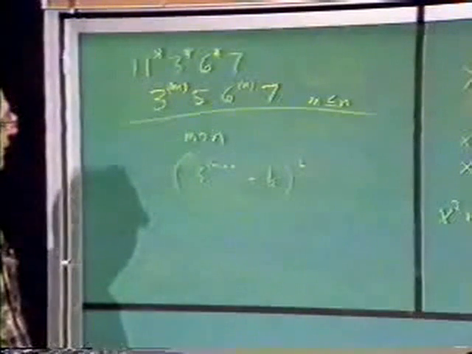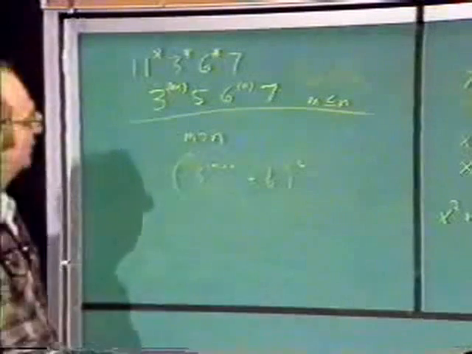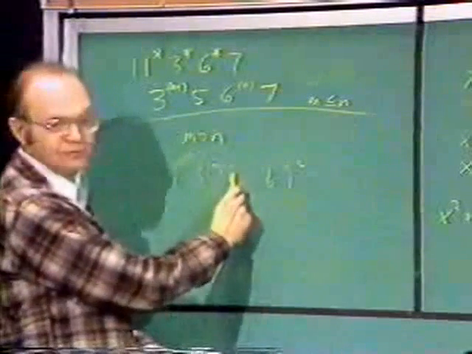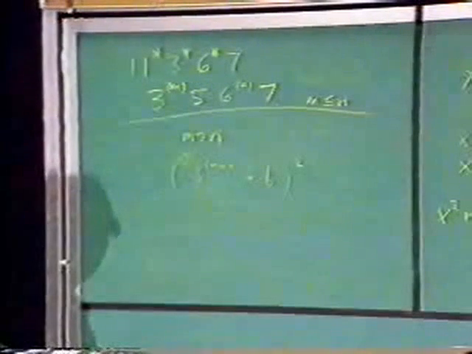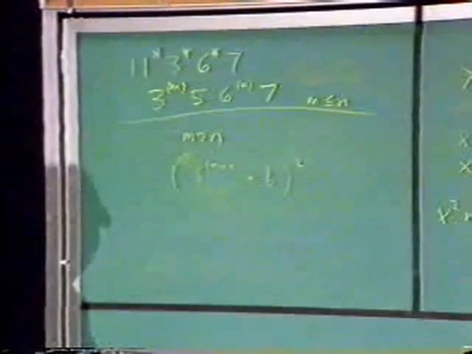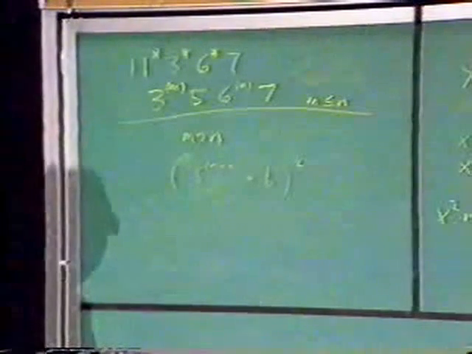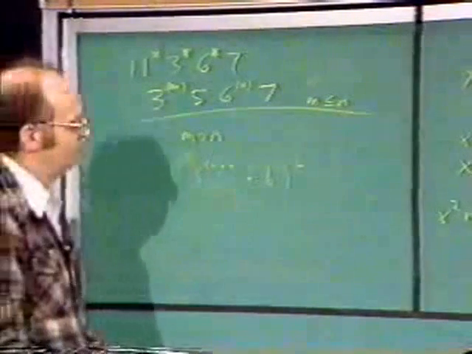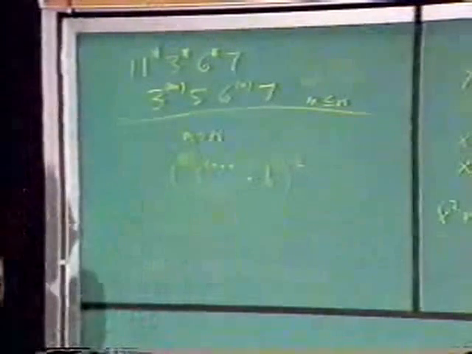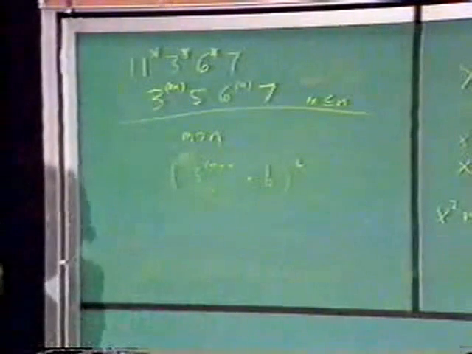Provided that we get m plus n large enough with respect to b, that theorem tells us that this will work for all sufficiently large m or not. That's the point.